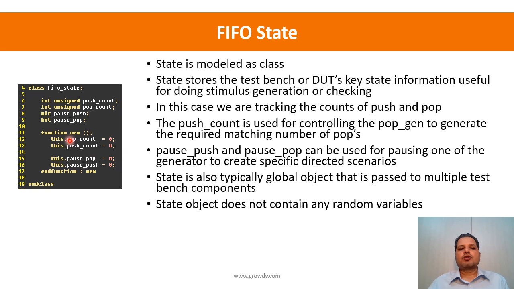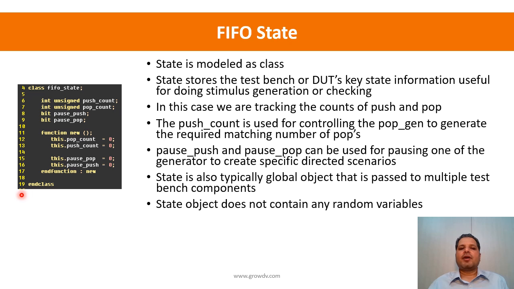We have also provided an additional control for pausing the push and pausing the pop, and whenever it is set, we should be pausing the generators. This type of pausing could potentially be helpful for creating corner cases where I want to keep pushing a certain number back to back before starting the pop. If I want to create such scenarios, then this pause type of control will be very helpful.